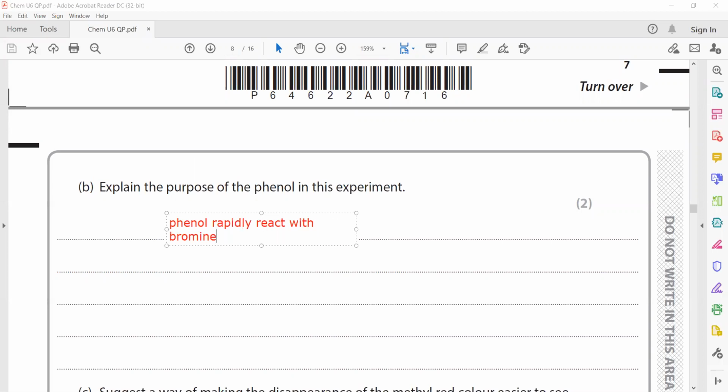So phenol will react rapidly with bromine. So when the bromine is initially formed, it will not decolorize the methyl red. Why? Because the bromine reacted rapidly with phenol.